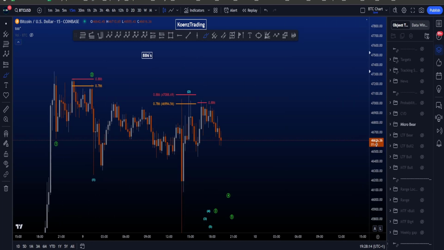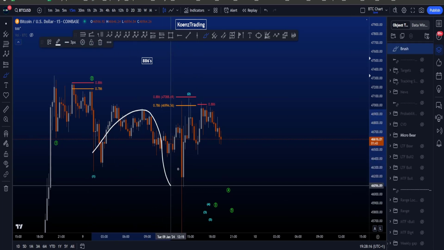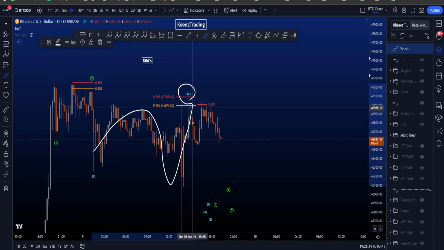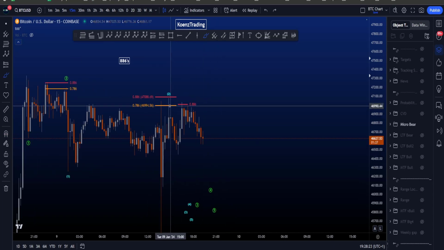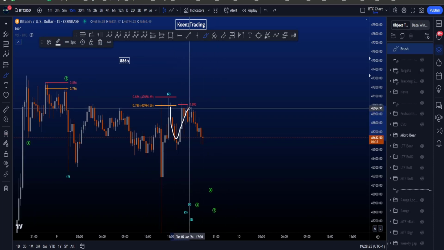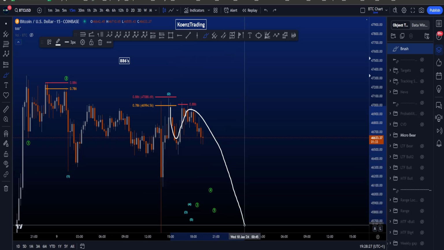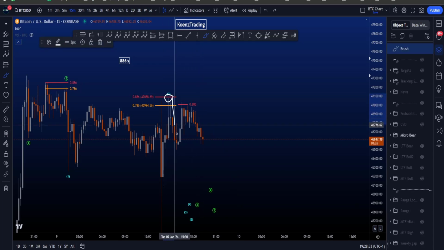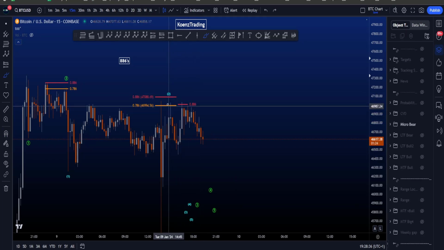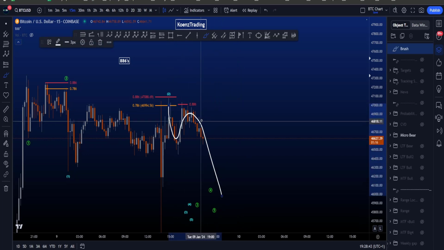But what's interesting here is if we are looking for a flat in 2 and this is the high, then we have a move to the downside, which we then want to count as, again, an internal wave 1, followed by a wave 2, and we want to see a wave 3 to the downside. But you get the point. Over here, another 886 touch, taken from the high to the low, which again, if we are looking for an impulse to the downside, if this is the high of your 2, right, and you look for an impulse down, you want to start with a wave 1, 2, 3 to the downside.